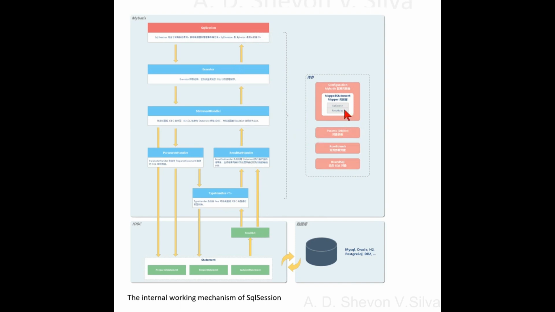Here you can see SQL source and result maps are inside the mapped statement. Mapped statement is inside configuration of MyBatis, and here you see params object, row bounds, and bound SQL.